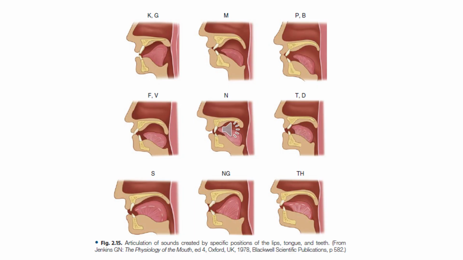Now, if they don't touch and you made them touch by your restoration, then you destroy the S sound for this patient. Then if you look at the F and V sounds, when we create these sounds, what happens actually is the incisor edges of the upper anterior touch the lower lip.